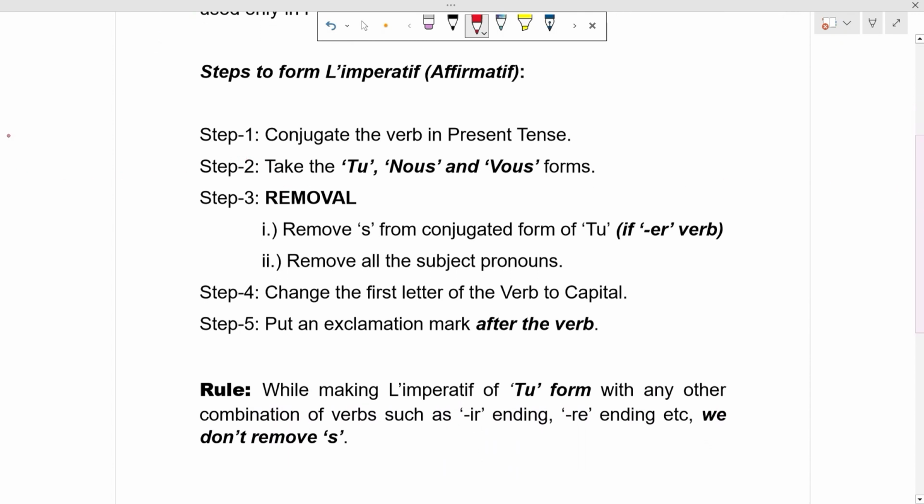First, I'll take one example. Suppose parler, an er ending verb. First, we conjugate the verb in present tense.